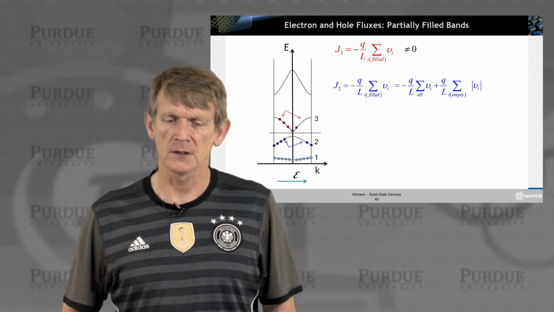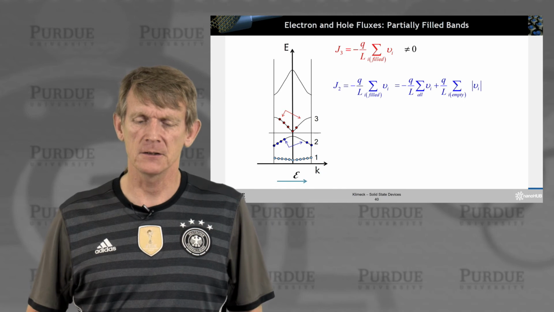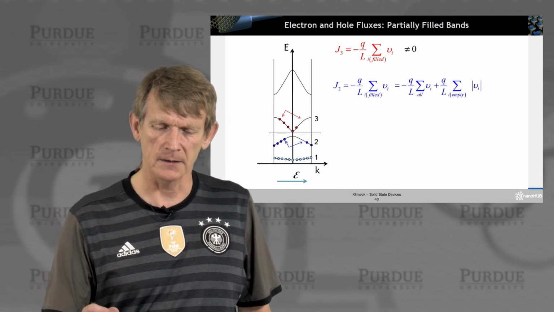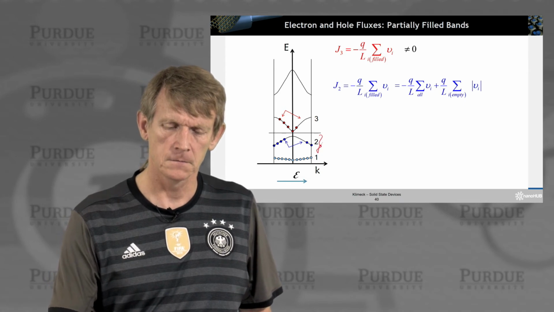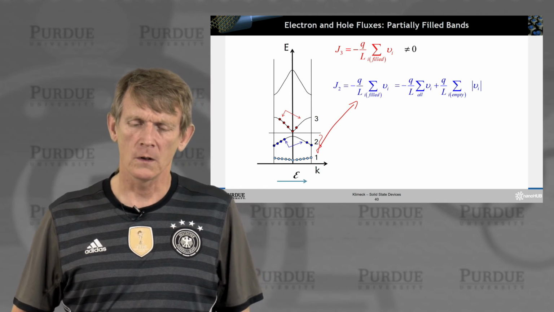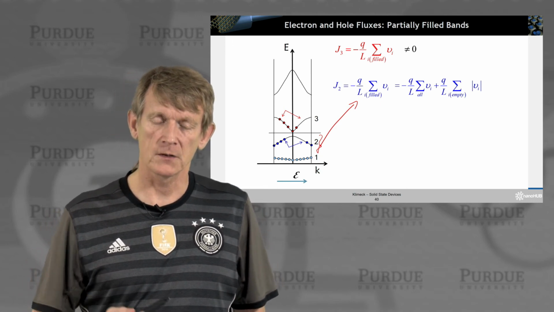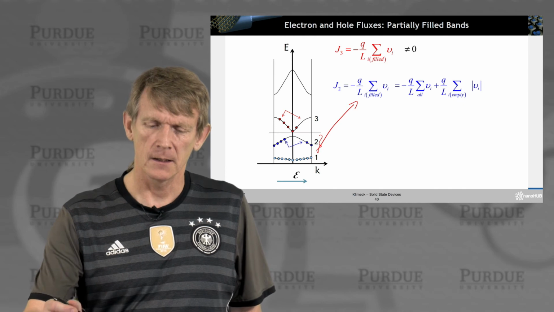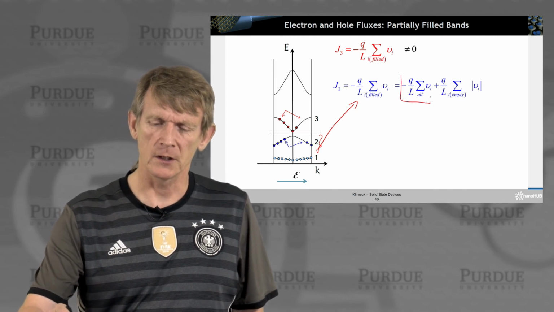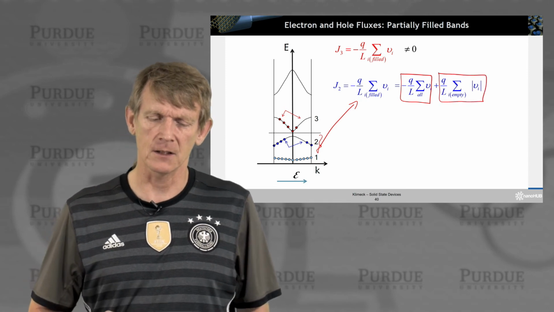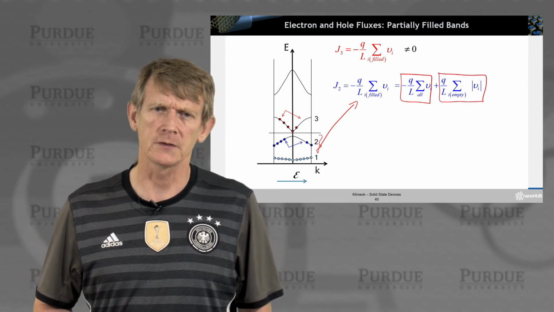And what you can do, as a methodology, is sum or represent the electron flow in this valence band by summing over the filled states, which is a lot of work if there are a lot of electrons in there, or you can make your life easy by distinguishing between all the states and the empty states, because the number of empty states is actually much smaller than the number of full states.